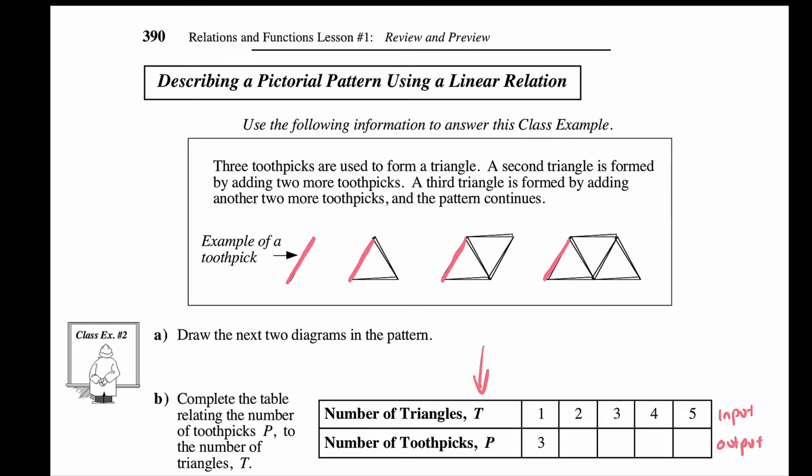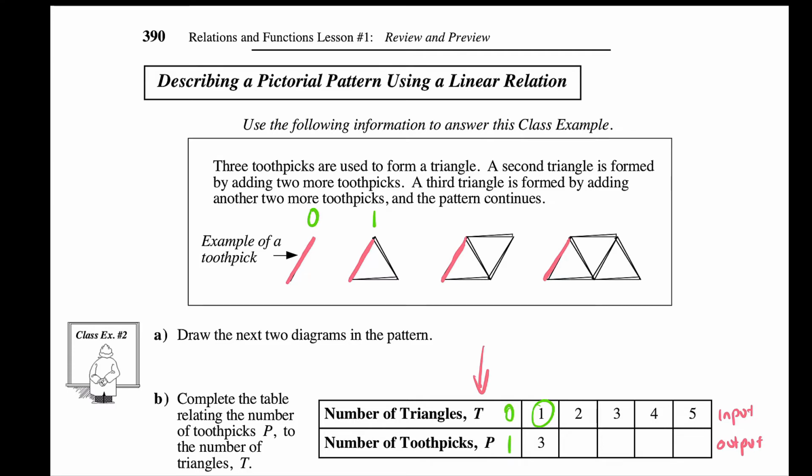Now notice that it's starting here with one triangle, which would start right here. So this is really 0. That's where we're starting off. In order to create this pattern, we have to start off with 0 triangles and 1 toothpick. So really right here, this would be a 0 and a 1.